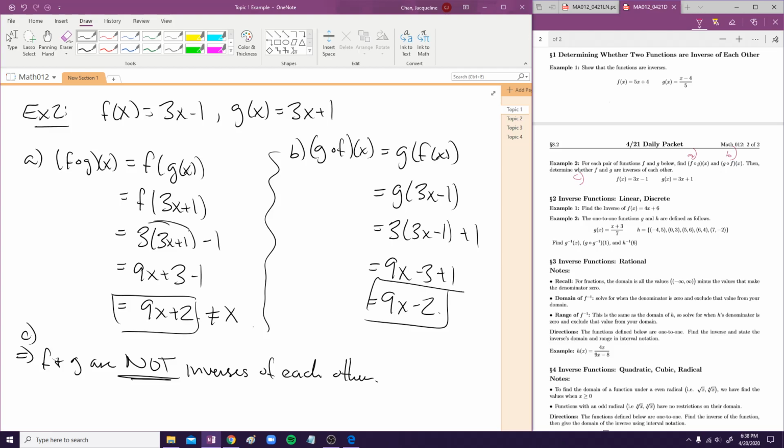You don't have to do it, but if you want to, or if you really want to make sure, then go ahead. But I'm just telling you, if the question is determine if they're inverses of each other, and you do this and you see it doesn't equal x, you can just say they are not inverses of each other.